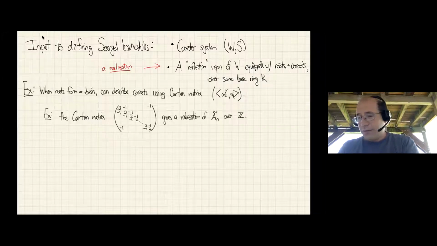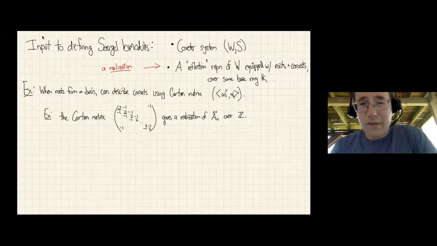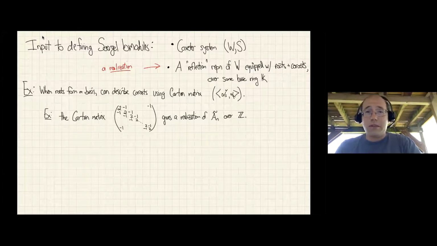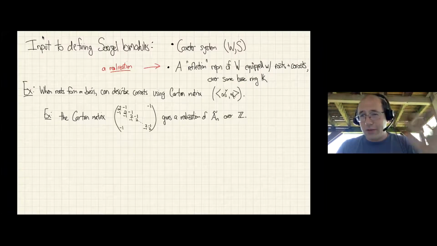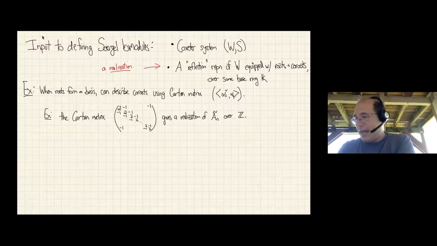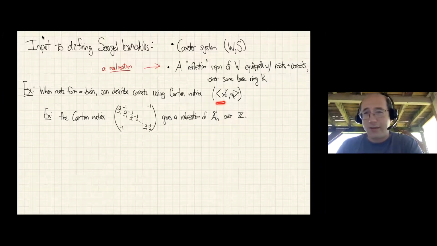So one way to describe a realization, when the roots form a basis of this representation, then the co-roots are elements of the dual space, so they're linear functionals, and you can describe linear functionals by what they do to a basis. So the whole data is determined by how a co-root evaluates on a root.